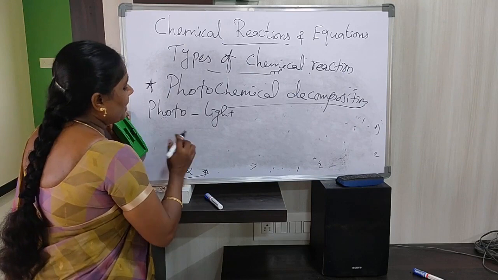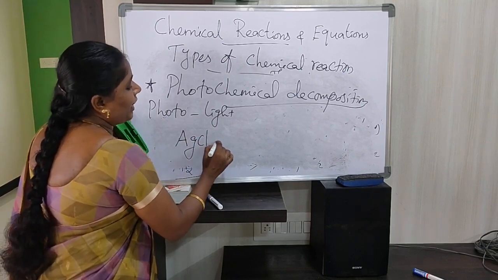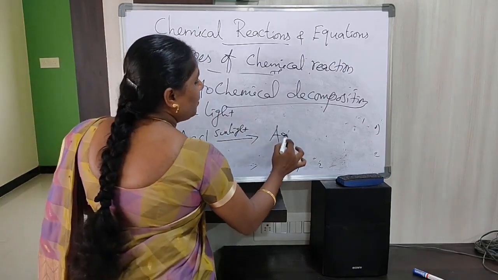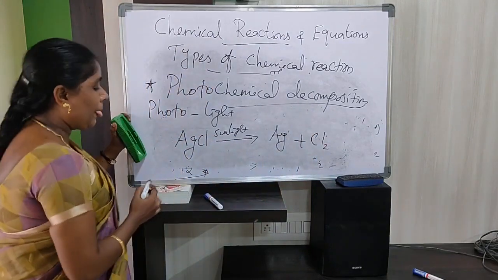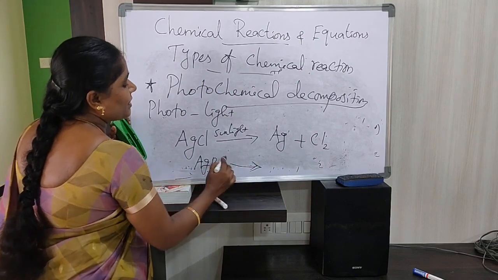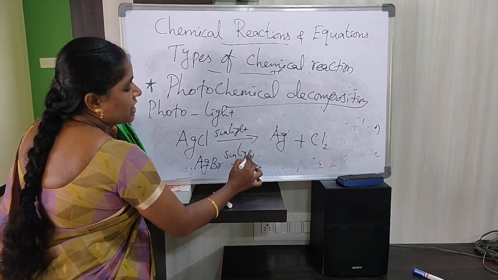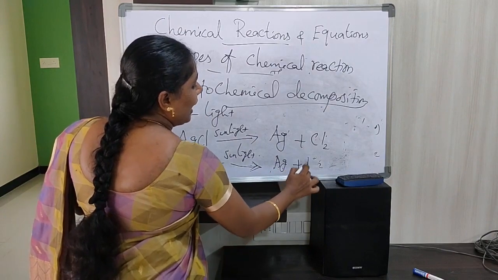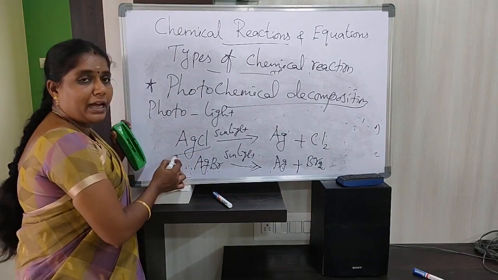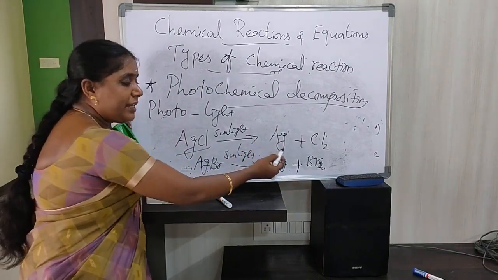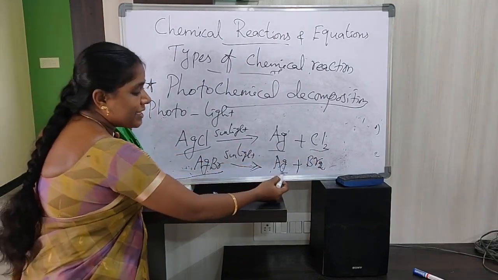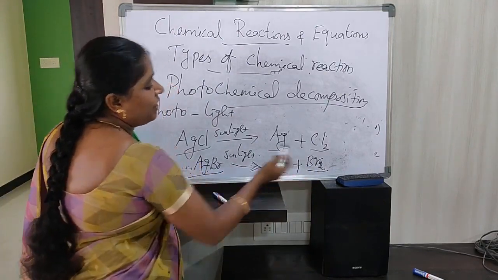For example, silver chloride in presence of sunlight splits to form silver and chlorine. Same like this, silver bromide in presence of sunlight splits to form silver and bromine.